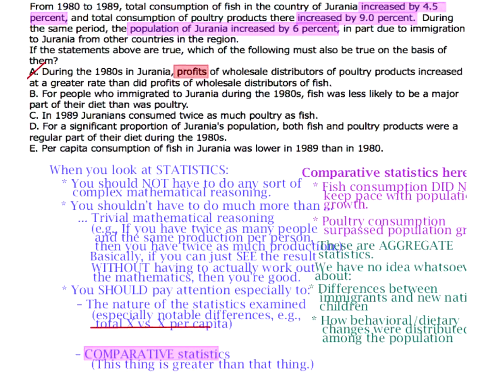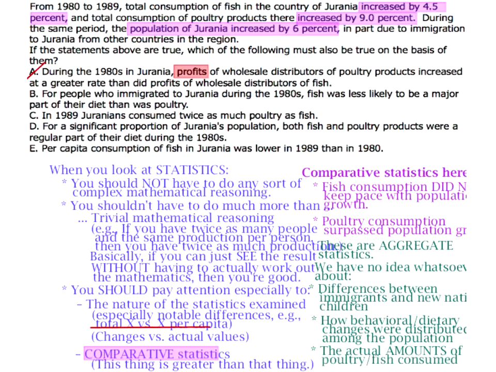Choice B. Oh, and the other thing we don't know anything about, remember when we think about this kind of thing, another difference that's notable is increases versus actual values of something.